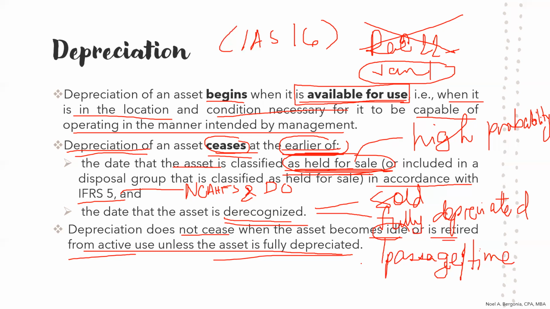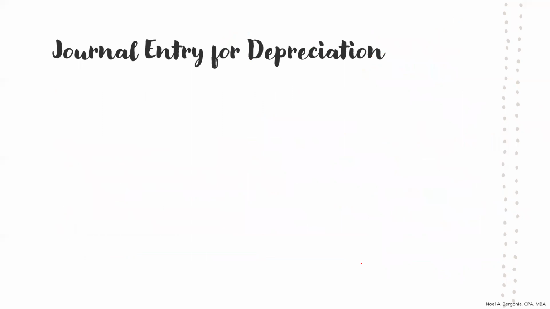Okay? Sige. So the next part of this discussion is introducing you what will be the journal entry. Okay, ito na po yung ating focus sa adjusting entry about depreciation. So the journal entry for once we recognize depreciation, the passage of time, at the end of the reporting period, or once we have used it already in one particular period, ano po yung journal entry natin?